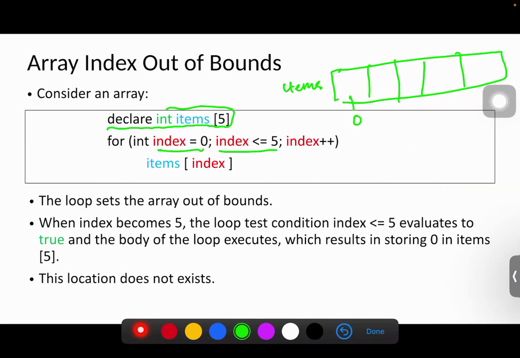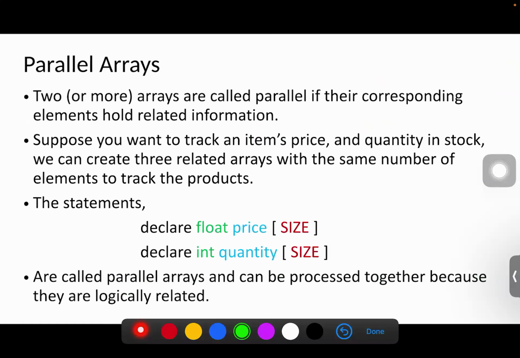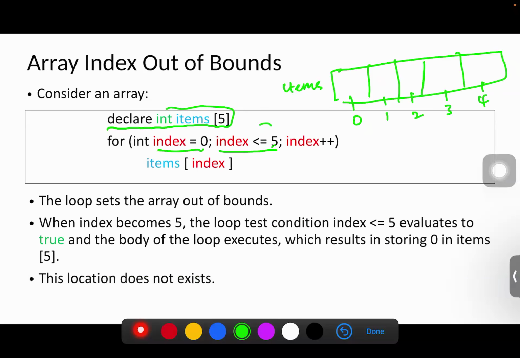But notice over here, the second index is 1, third is 2, fourth is 3, and finally the fifth one is 4. So where is this 5 from? It is the programmer who is causing the problem, because the last index is 4 and you want it to end at 5. Where would the computer get the fifth one from?